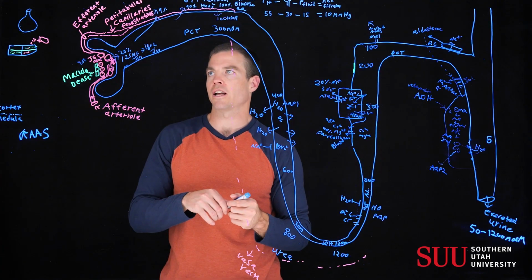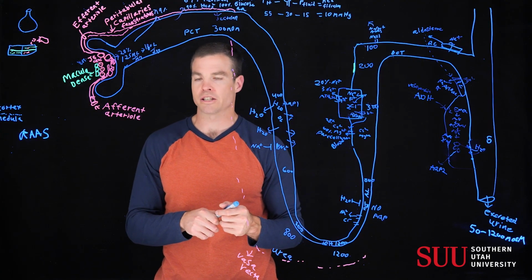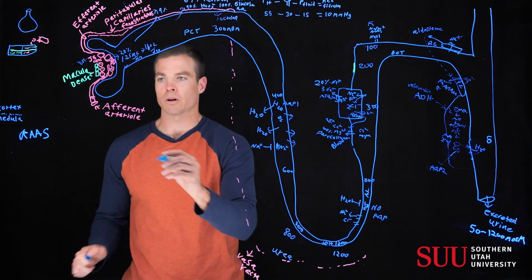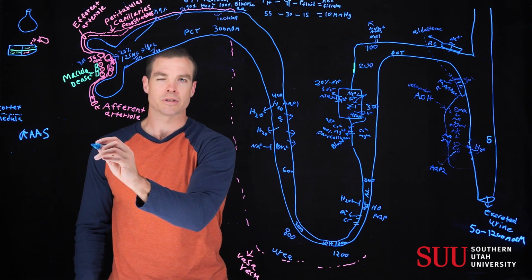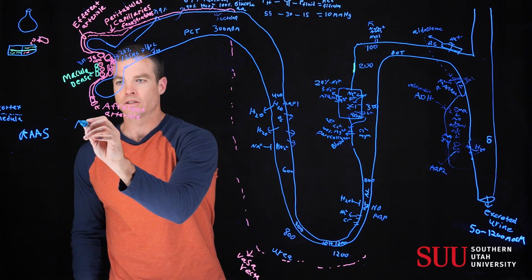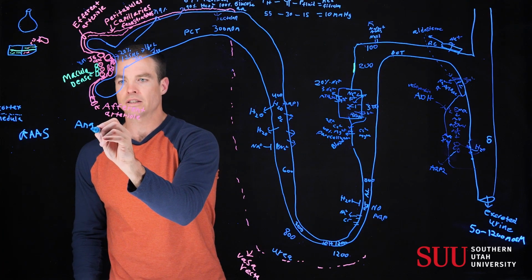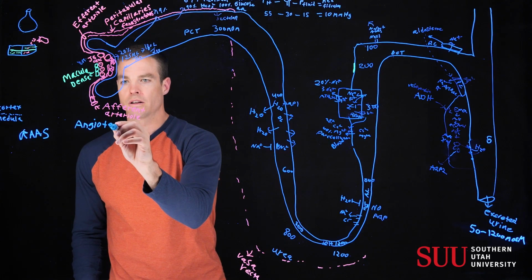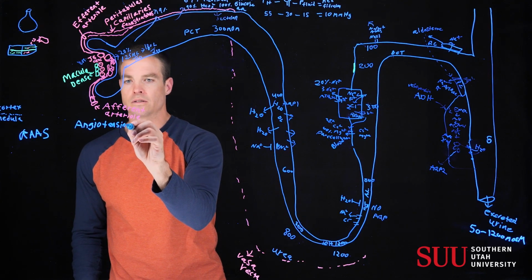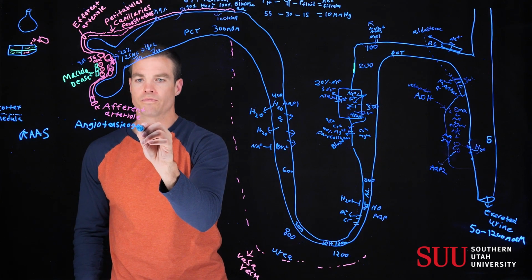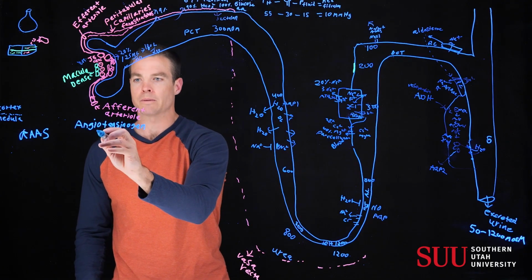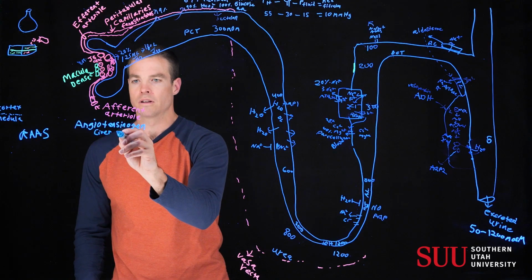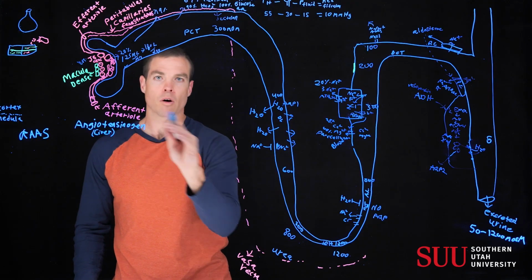You're over here with the afferent arteriole, and that's all your plasma proteins. Well, there's one important plasma protein called angiotensinogen. And this is made by the liver. Okay, and it's always in the plasma.